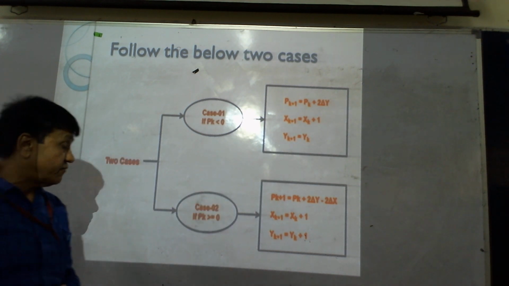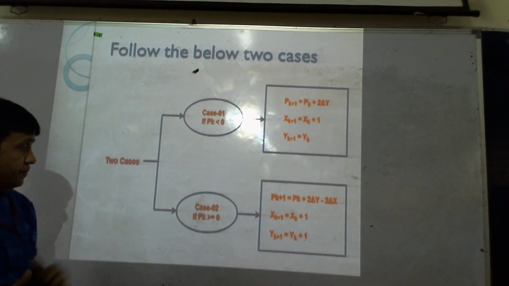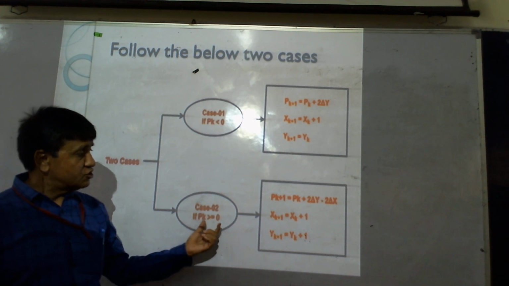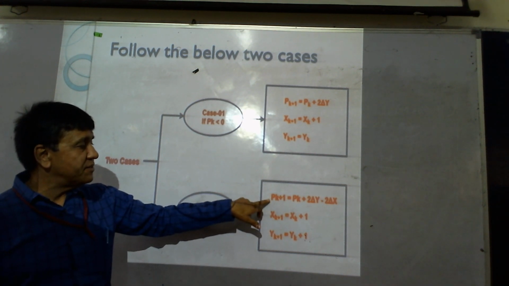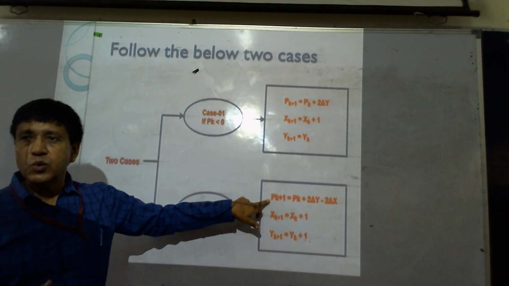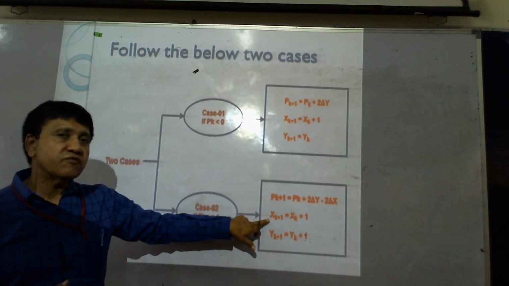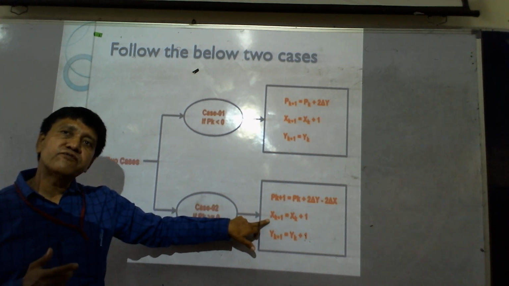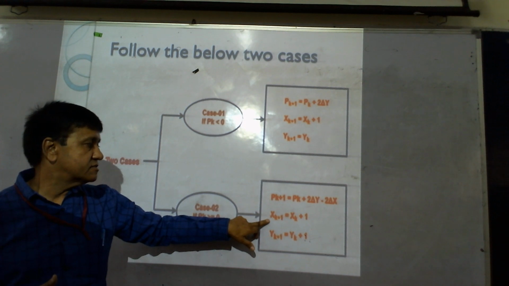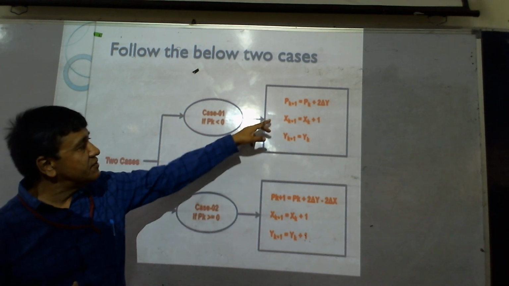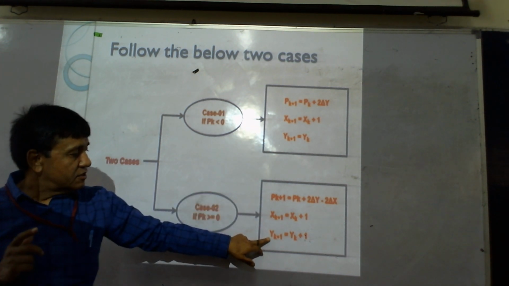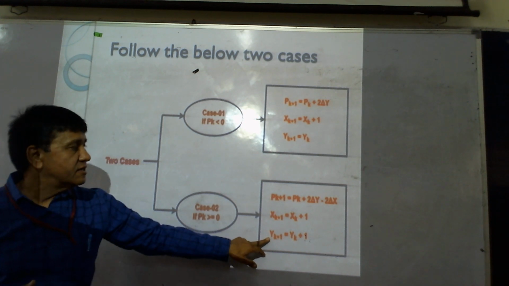But in the second case, if pk is greater than or equal to 0, then the decision parameter is calculated by another equation, and the method of calculating the value on the x-axis is the same as in the previous case, but the value on the y-axis is different.